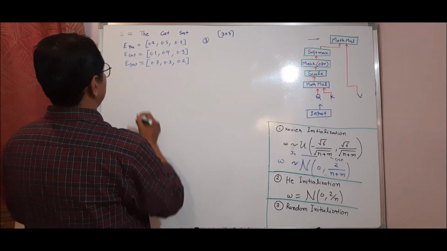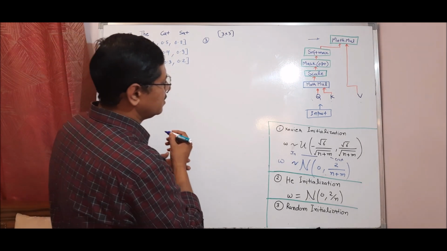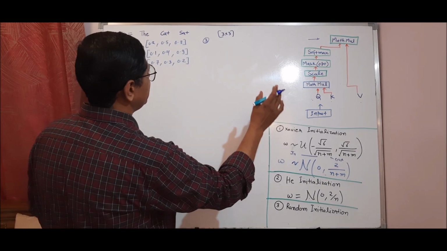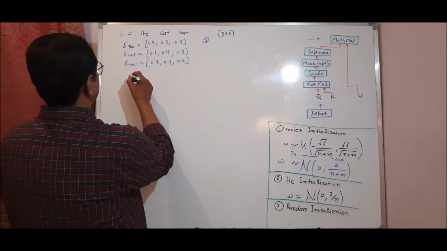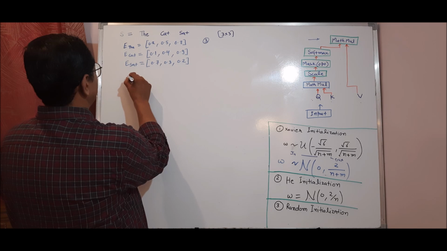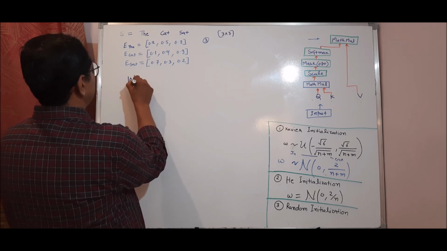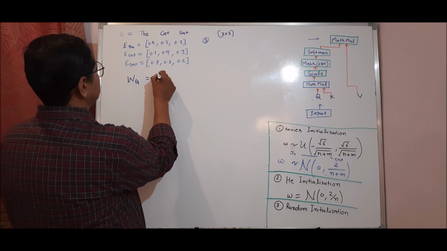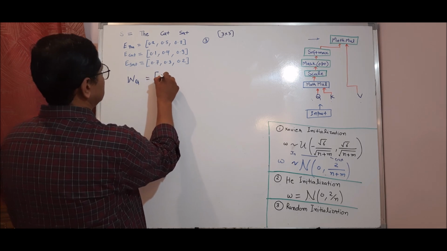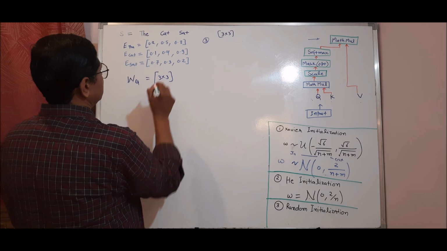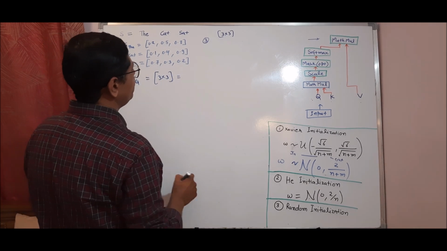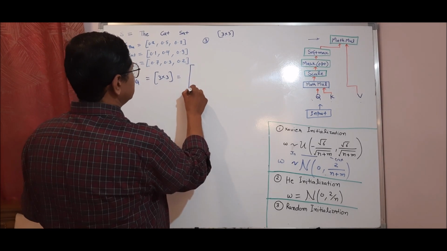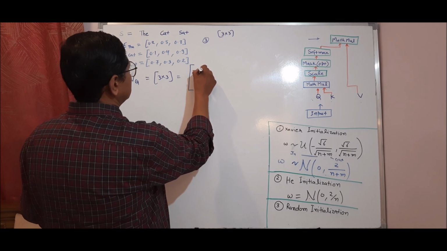For that, we will take the weight matrix for query, key, and value. This is a random weight matrix. So we say that we have a weight matrix for query, that is a 3 by 3 matrix, and we generate it randomly.